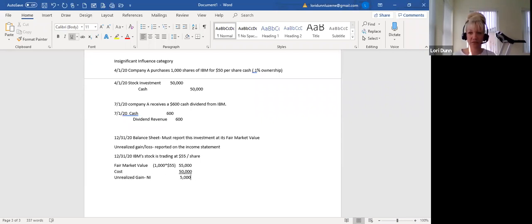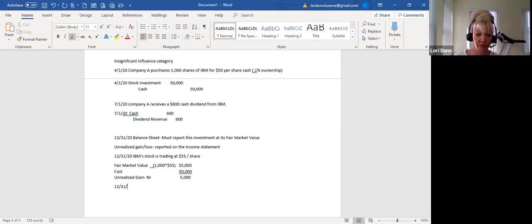So the NI stands for net income, meaning this unrealized gain will be one of those reported directly on the income statement, just like unrealized gain or loss on our trading debt investment is reported directly on the income statement.